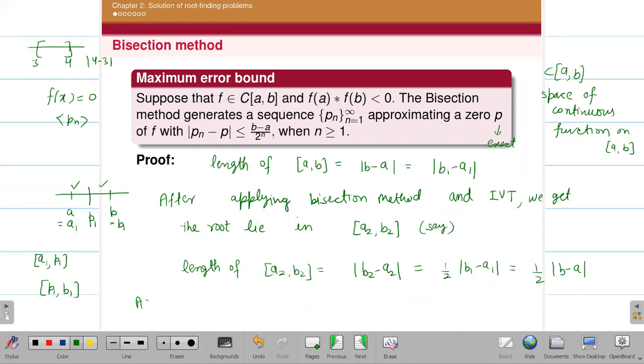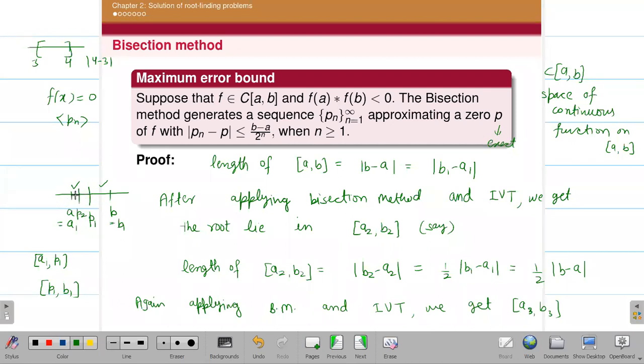So again, applying bisection method and IVT, we get A3, B3. So then I will call that, means suppose I choose this interval, then I again take P2. So it will bisect the interval into two parts.